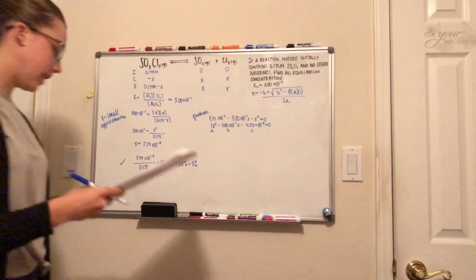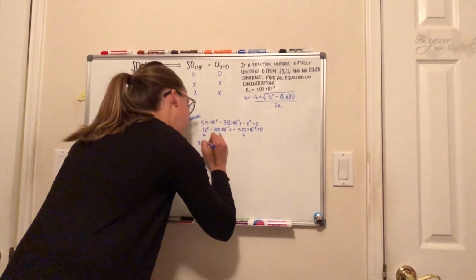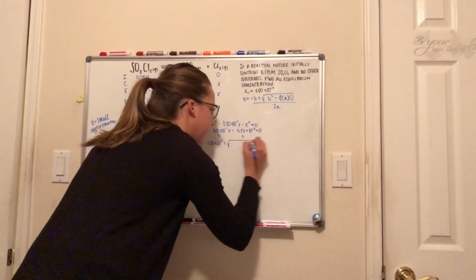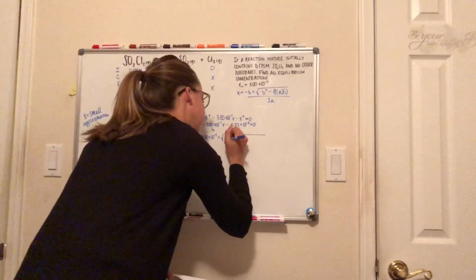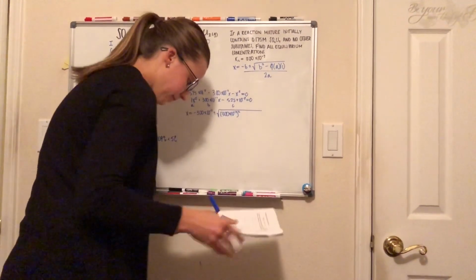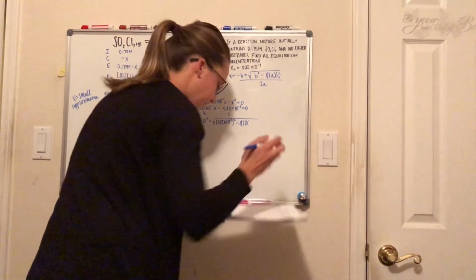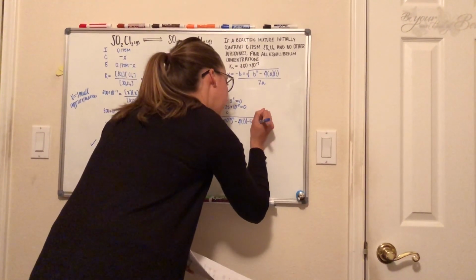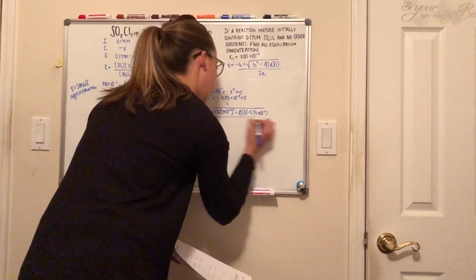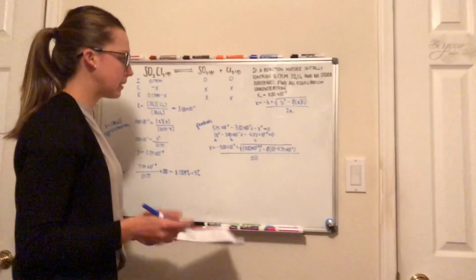Okay, so if we plug these numbers in right here, we get x equals opposite b plus or minus the square root of b squared minus 4ac all over 2a. Okay, so now this is pretty simple to see.